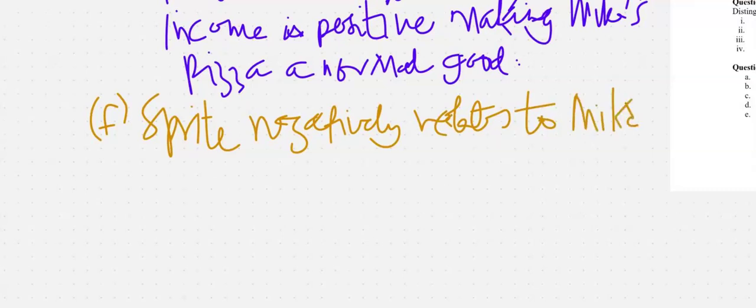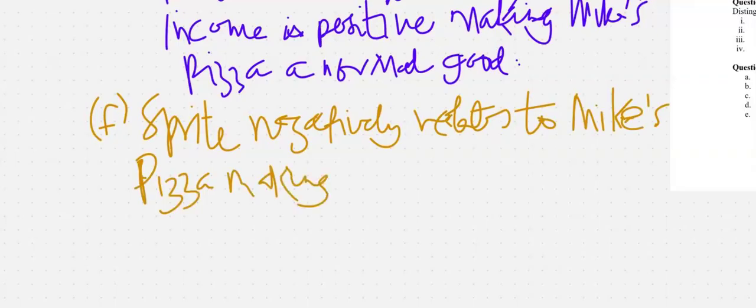If you, in the email, you cannot see Mike's Pizza. That's a Z, right? Making them complementary goods.